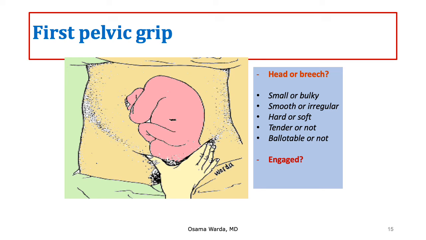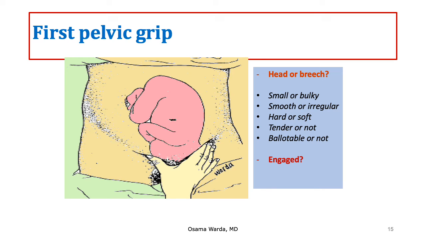While we are standing on the right side of the patient facing her, we fan our right hand, making the four fingers on one side and the thumb on the other, and apply my right hand to the lower abdomen of the mother, making my fingers parallel to her left inguinal ligament, and my thumb parallel to her right inguinal ligament, trying to catch the fetal part in the lower uterine segment, searching for the criteria: small, bulky, solid, soft, regular, irregular, palpable, not palpable, tender or not, and so on.